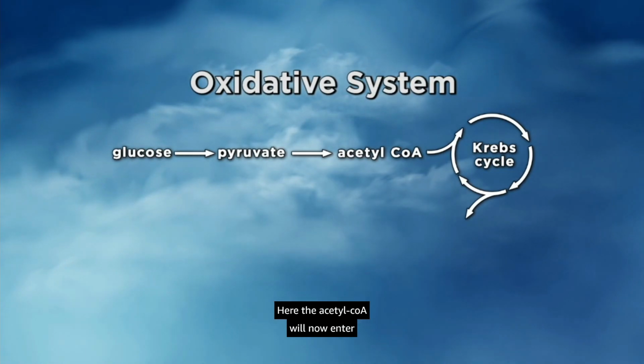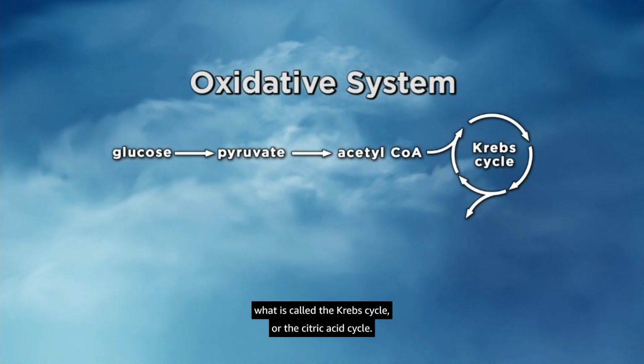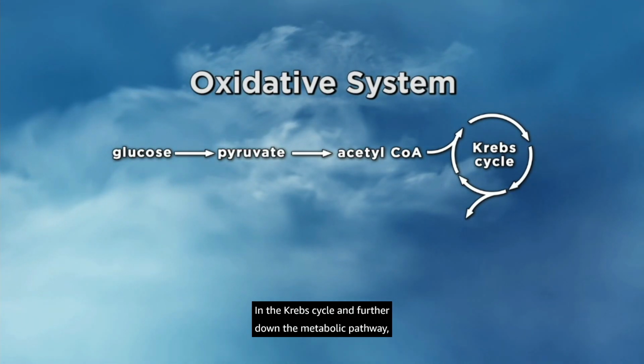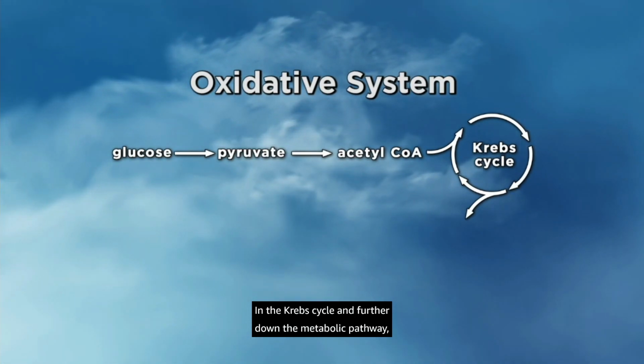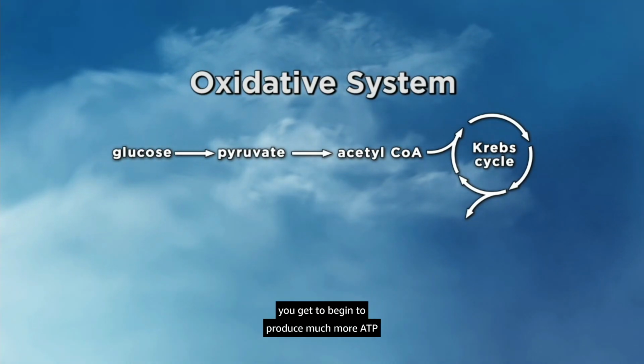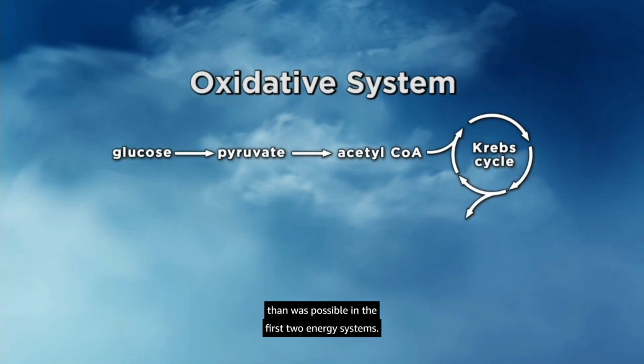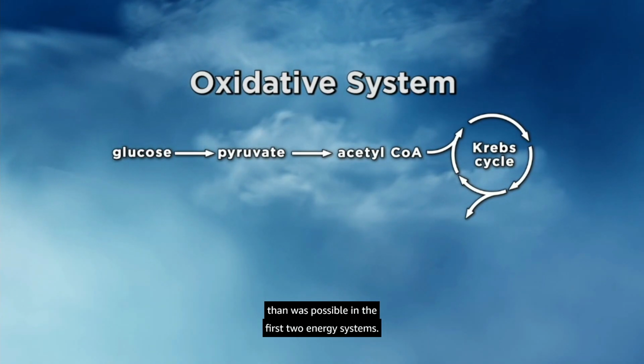Here, the acetyl-CoA will now enter what is called the Krebs cycle, or the citric acid cycle. In the Krebs cycle, and further down the metabolic pathway, you get to begin to produce much more ATP than was possible in the first two energy systems.